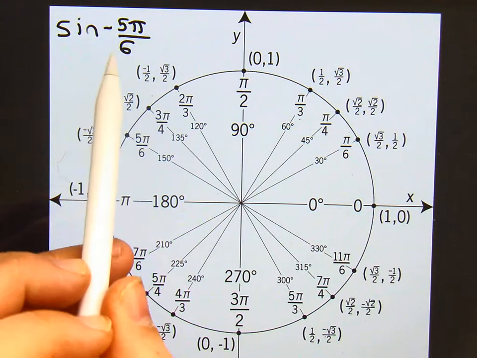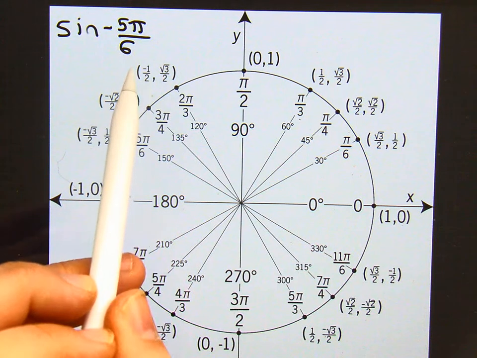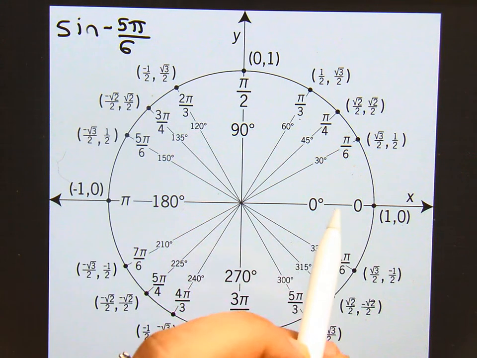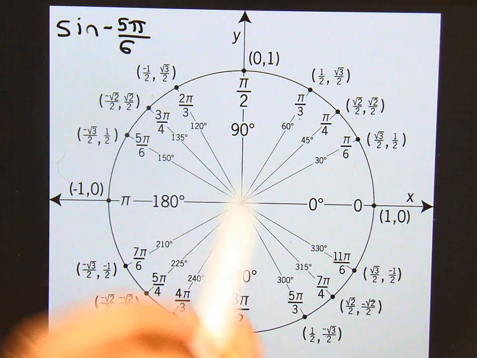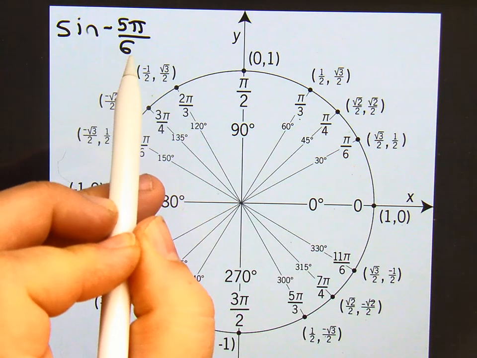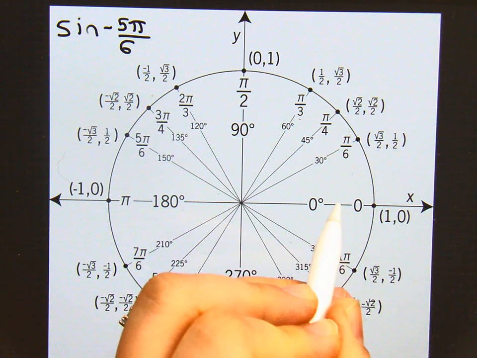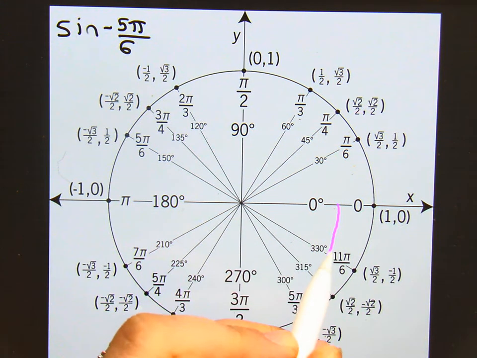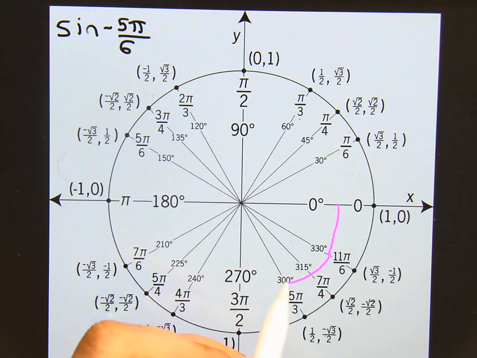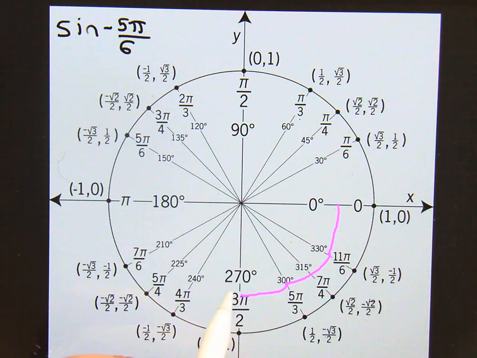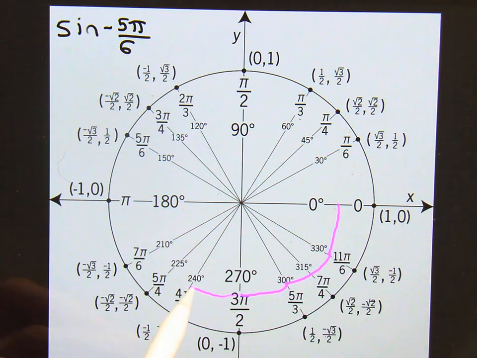So now I have negative 5/6 pi. That means I'm going to be going this way, clockwise, and I'm going to do so by 5/6. Here's 1/6. 2/6 is the same thing as 1/3. 3/6, which reduces down to 1/2. Okay, so we're looking at our 3/6s and our halves. 4/6.